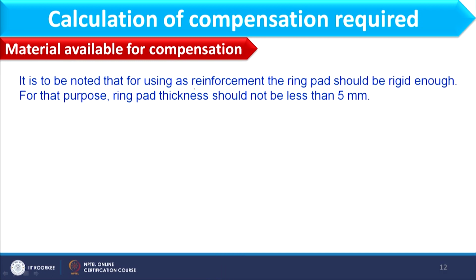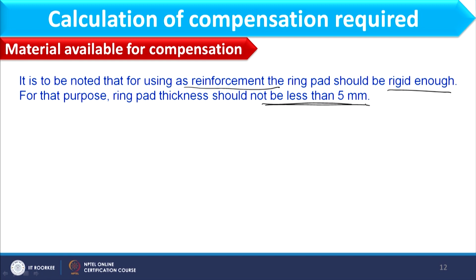Now, it is to be noted that when used as reinforcement, the ring pad should be rigid enough. That rigidity I have to ensure, and therefore, the ring pad thickness should not be less than 5 mm. If the ring pad thickness is coming less than 5 mm, I have to recommend at least 5 mm.